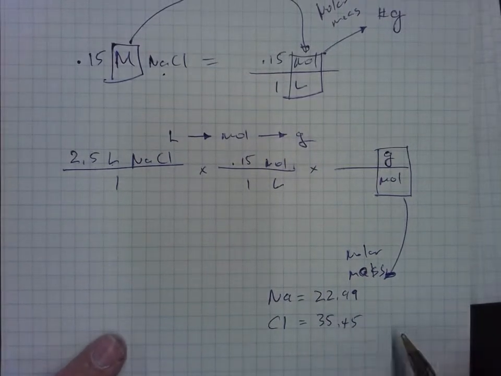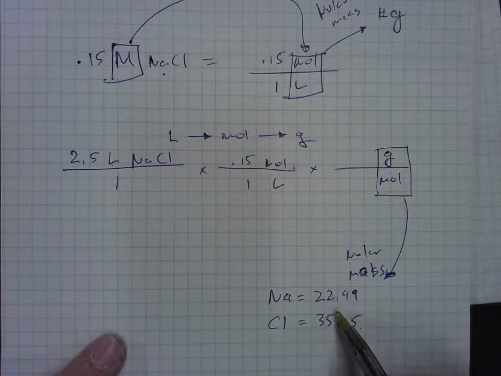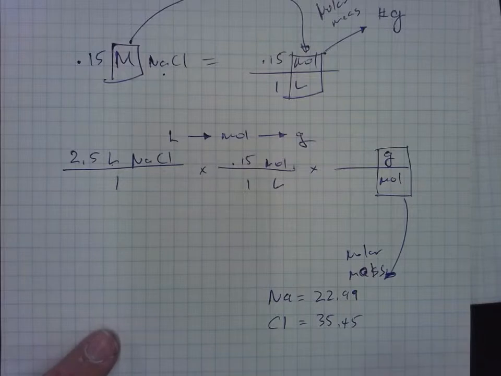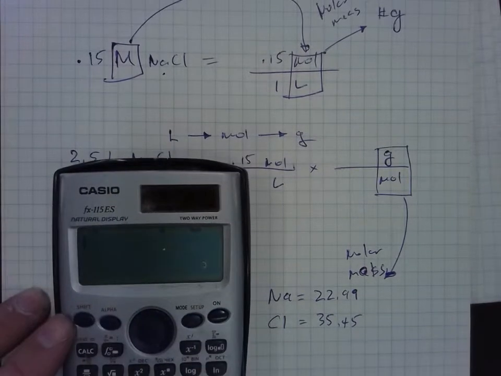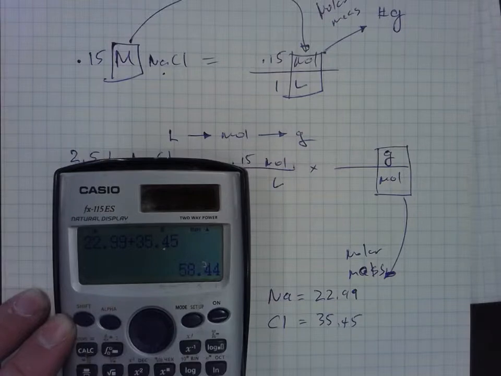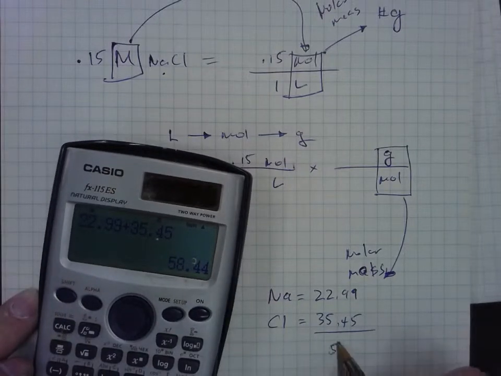You add those up and it comes out to 58 point something. Let me just add it up. I can't do it in my head, it's too early in the morning. 22.99 plus 35.45 is 58.44. And that's grams per 1 mole.